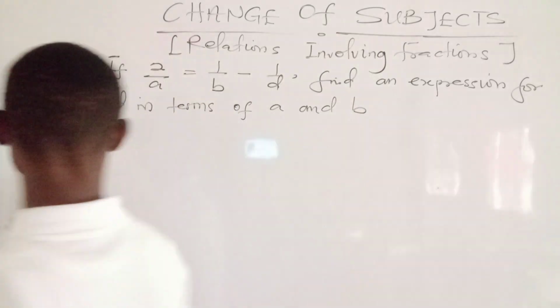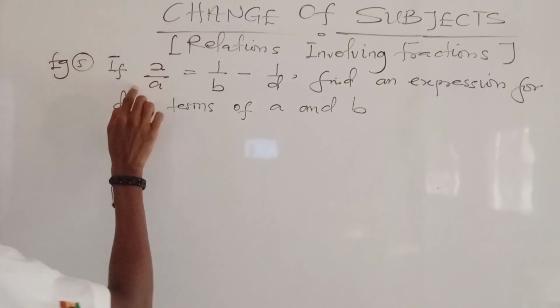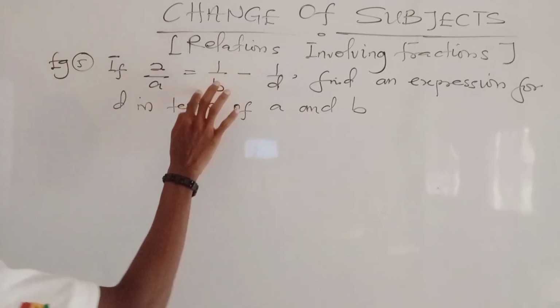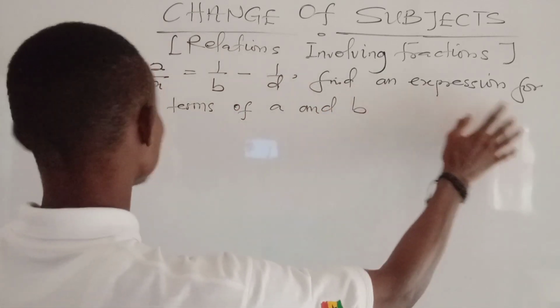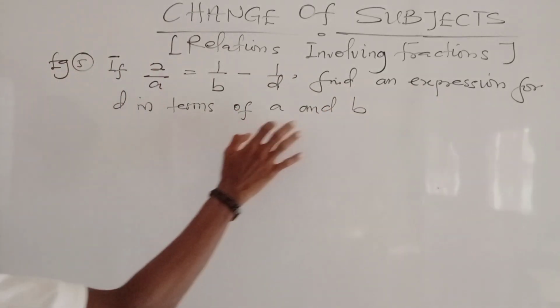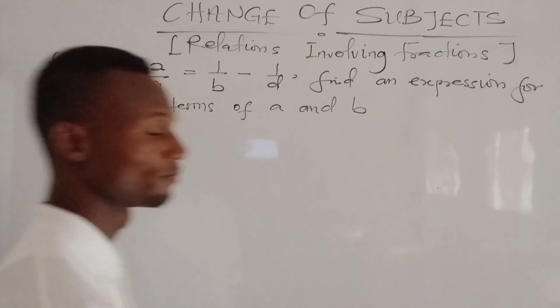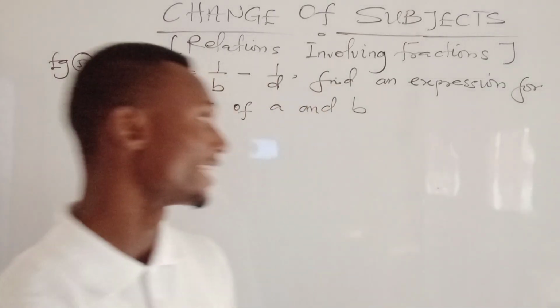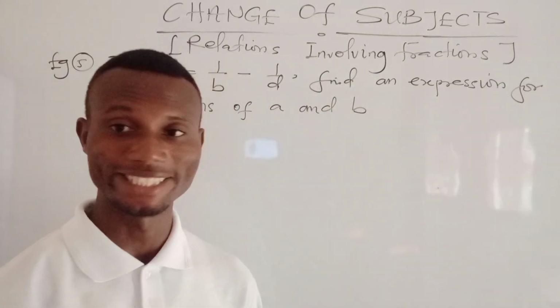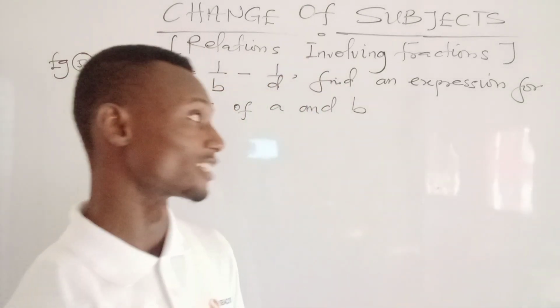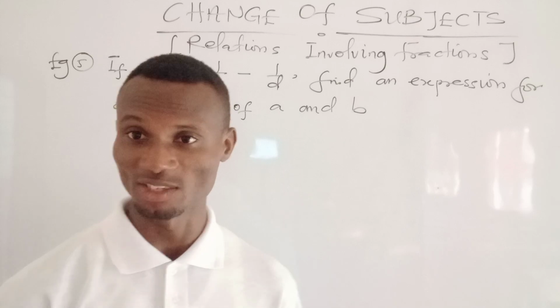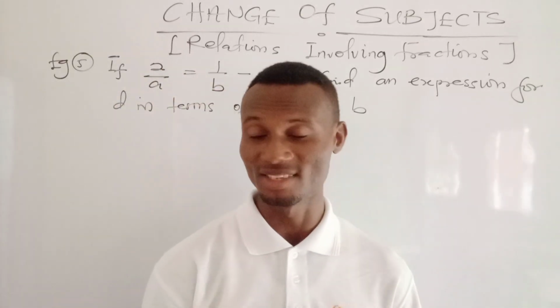So example 5 says that if 2 over a equals 1 over b minus 1 over d, find an expression for d in terms of a and b. The question is asking us to find an expression for d in terms of a and b. What that statement means is that we are to make d the subject. You are not supposed to get confused about the statement.